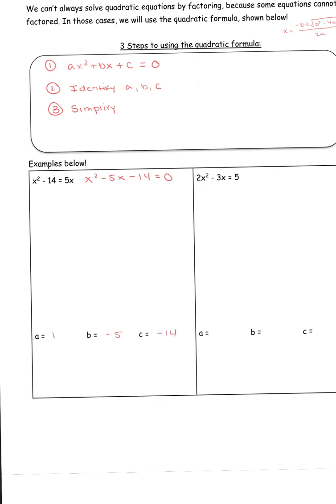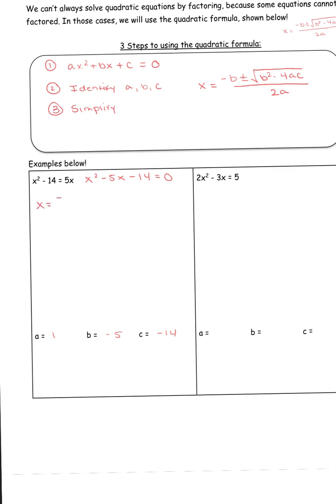So I'm going to rewrite the formula here so you can see it. So you have x equals negative b plus or minus the square root of b squared minus 4ac, all divided by 2a. All right, so now we're just going to plug in what we have. Again, we're evaluating an expression. So we have x is equal to, our b is negative 5.